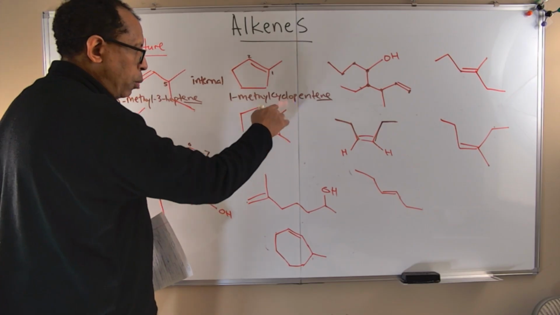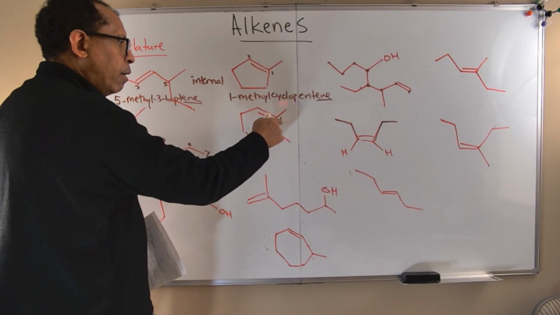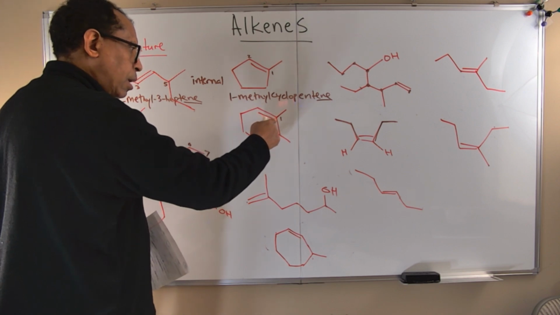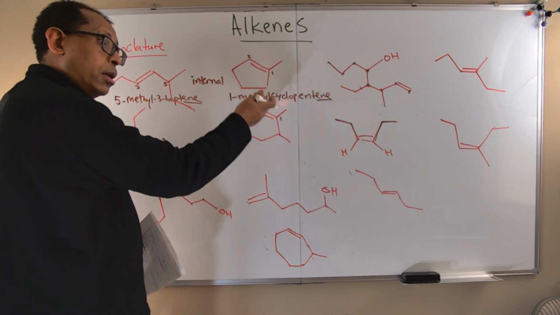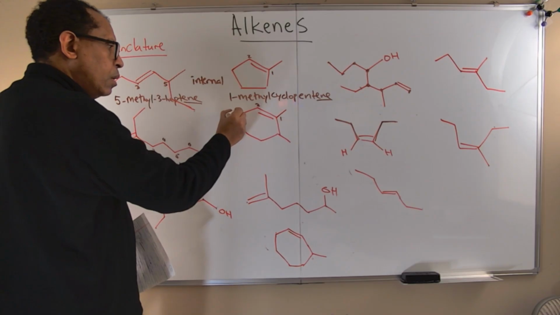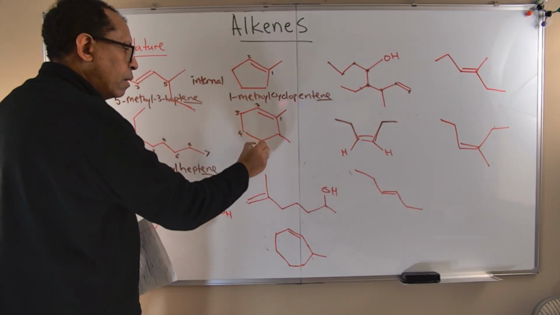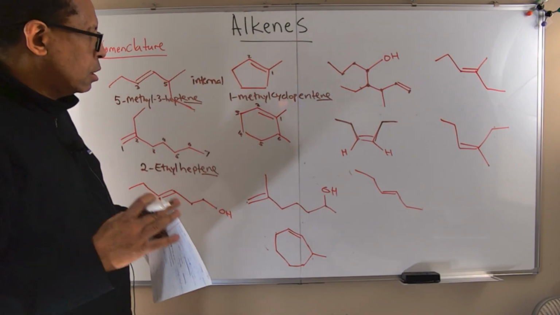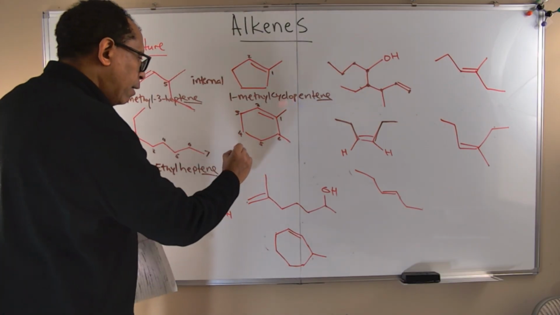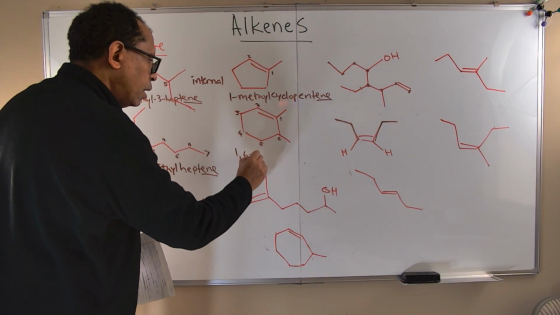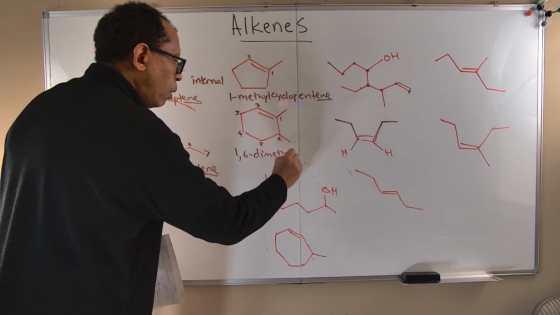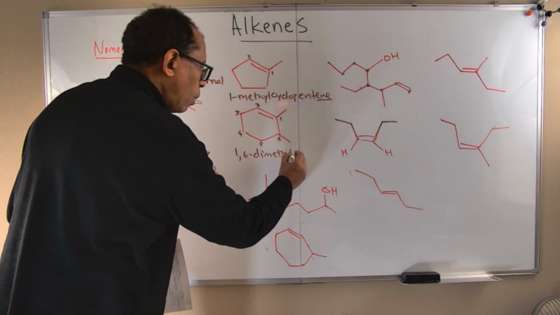So the way we count this would be, if we are starting at this terminus of the alkene, we go over the double bond. 2, 3, 4, 5, 6. It makes the methyl group to be at 6th position. So what I have is a 1,6-dimethyl, because I have 2 of them, a cyclohexene.